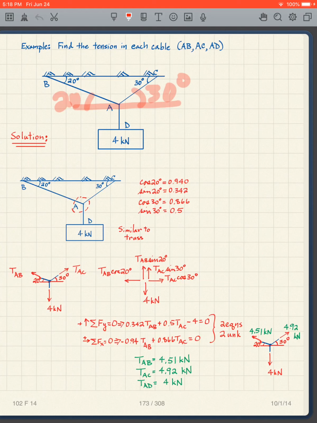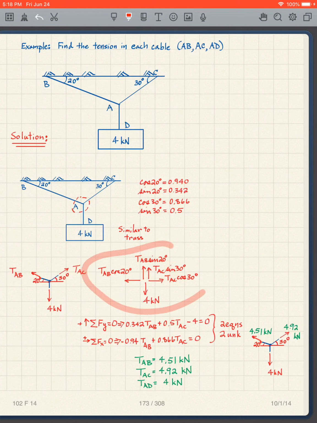So this is upward to the left, and for the y direction, it's sine of 20 degrees. For the x direction, it's cosine 20 degrees. This is upward to the right, and the x is cosine 30 degrees. The y is sine 30 degrees.